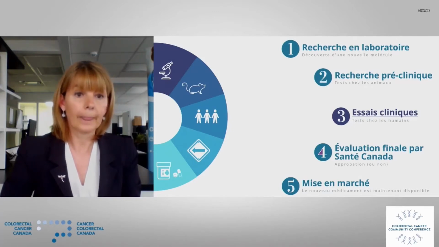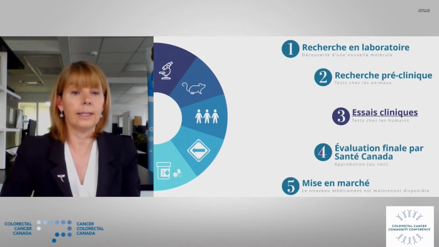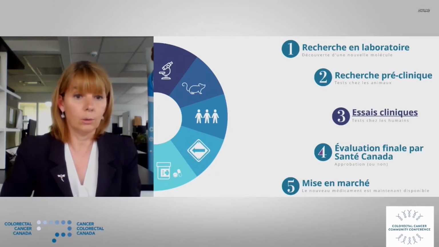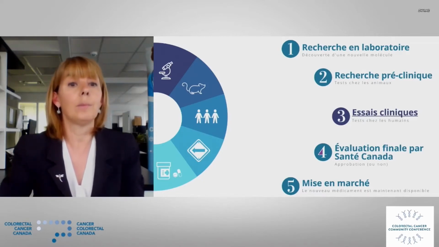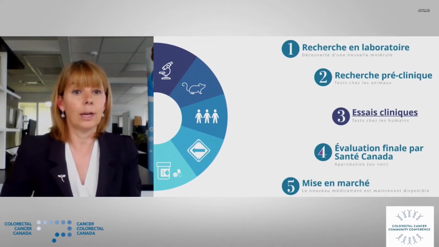That's the step where tests are carried out on animals, and only those molecules that give positive results in animals and which prove to be safe as well in mice or other laboratory animals will enable the product to go to the next step. In other words, the step related to clinical trials.